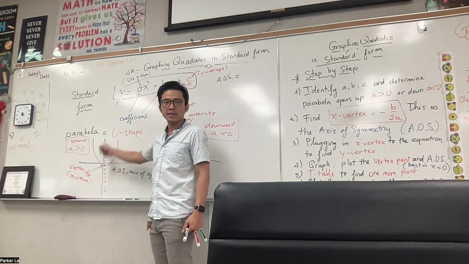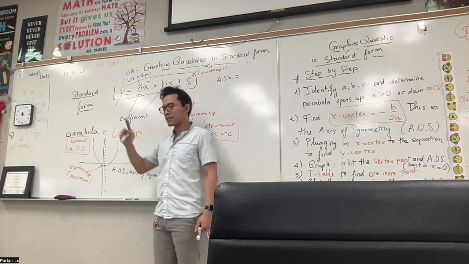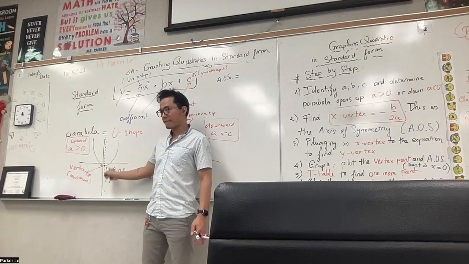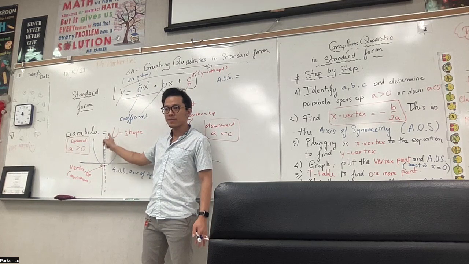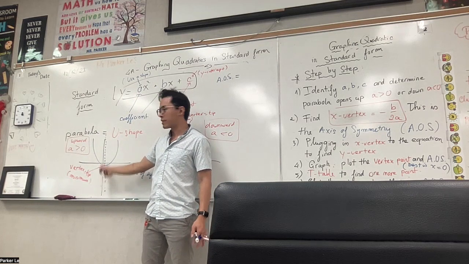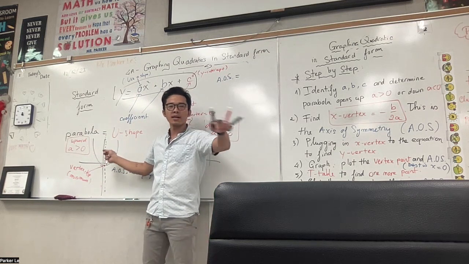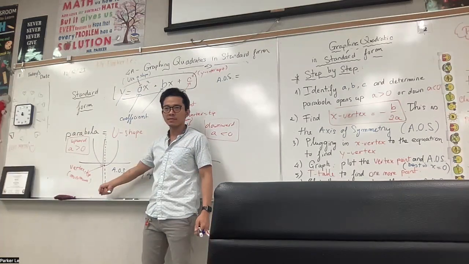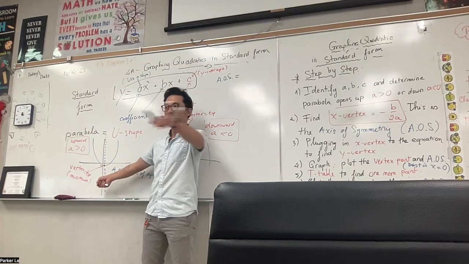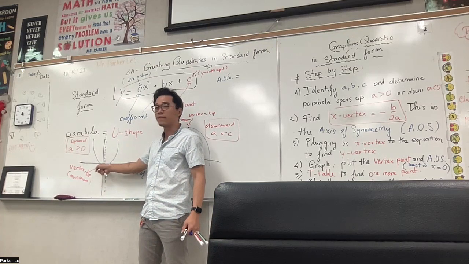What's special about this line? There are two things special about this. Exactly. It passes through the vertex.